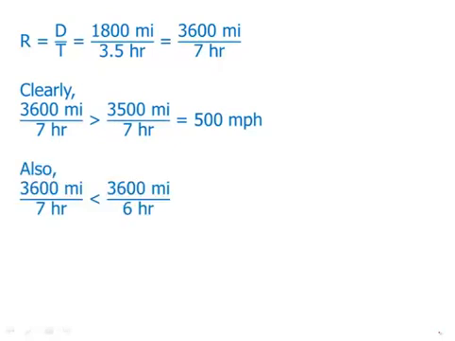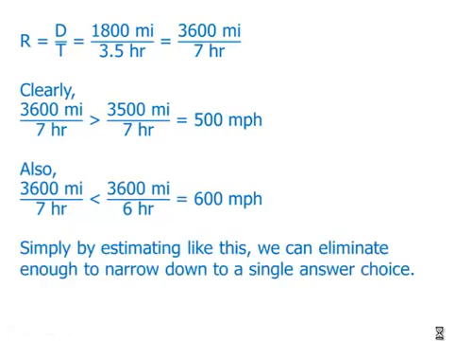Also, 3,600 over 7 has to be smaller than 3,600 over 6. Well, that equals 600 miles an hour. So the answer has to be between 500 and 600 miles an hour.